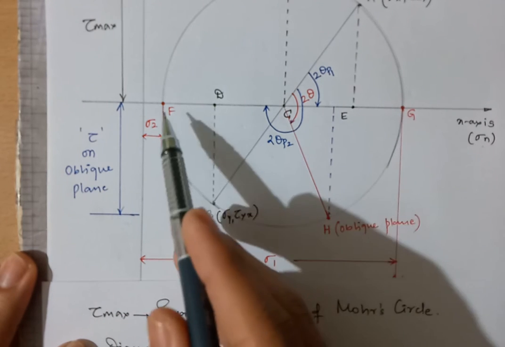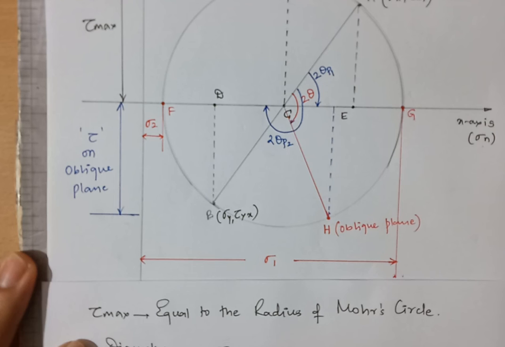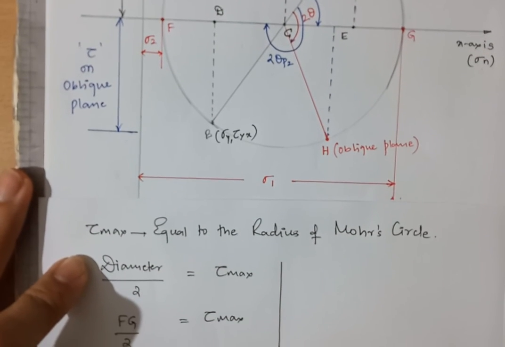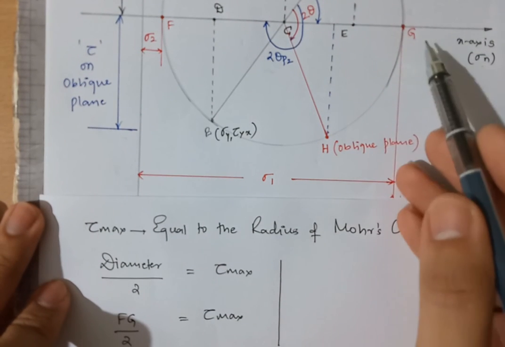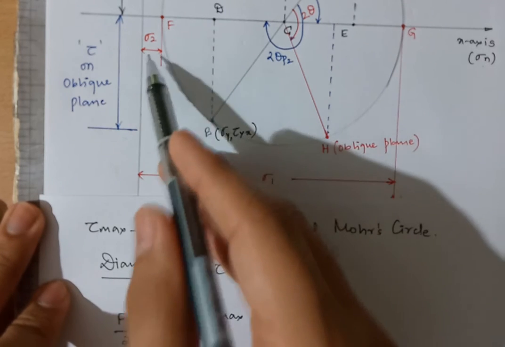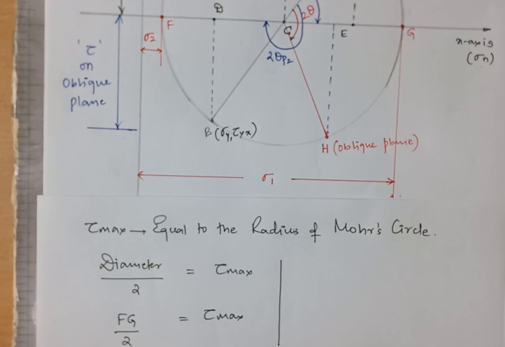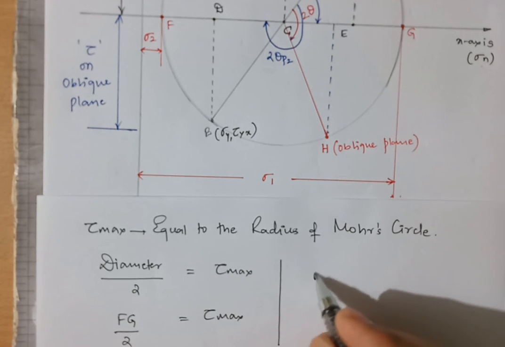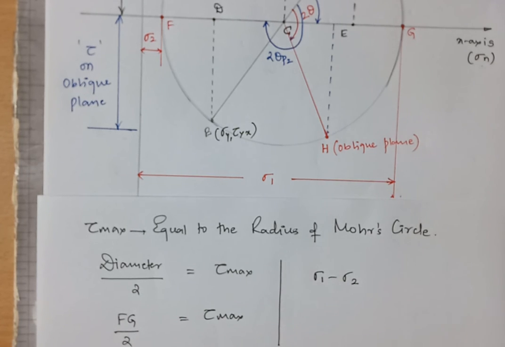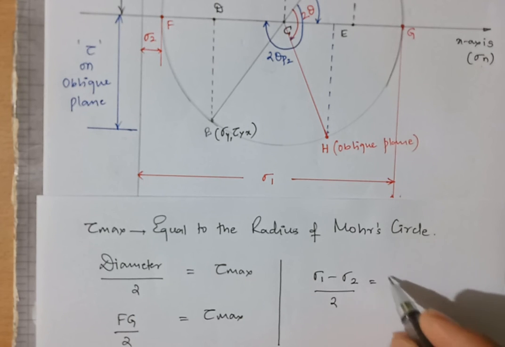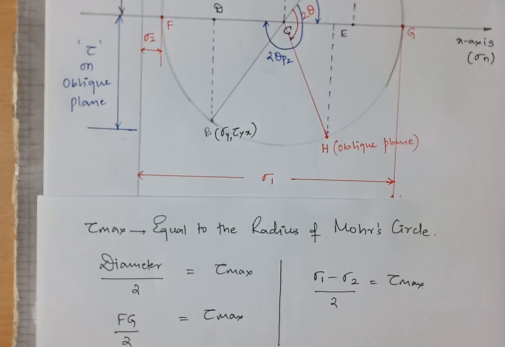So this distance FG can simply be written as sigma 1 minus sigma 2, divided by 2. This 2 I have kept as it is. So that is going to give me tau max.